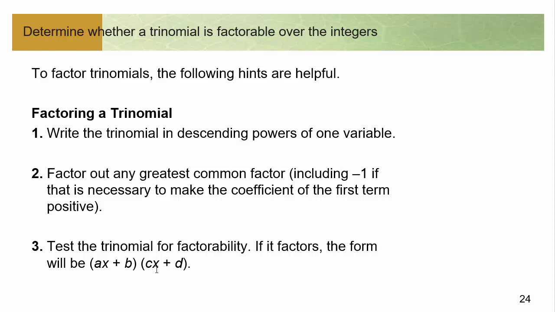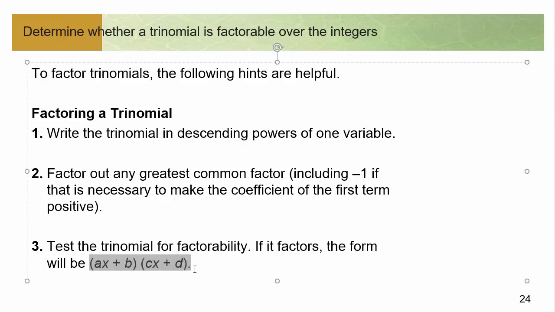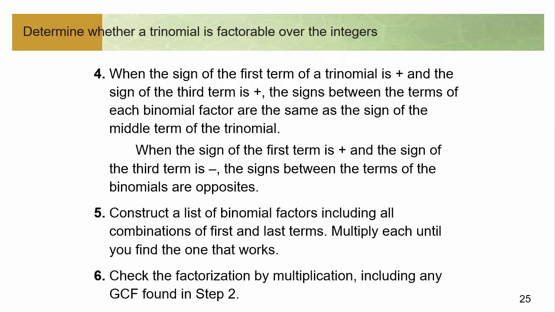So instead of thinking of two different ways, whether the leading coefficient is 1 or not, it's always going to factor to this form where b times d is the constant term. ax times cx is always the leading term, and if the leading term has a coefficient of 1, we just know a and c are both 1, right? So we can generalize that.